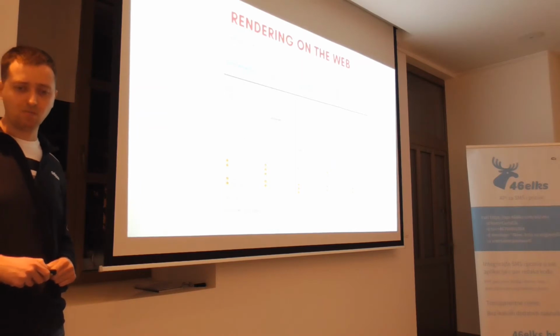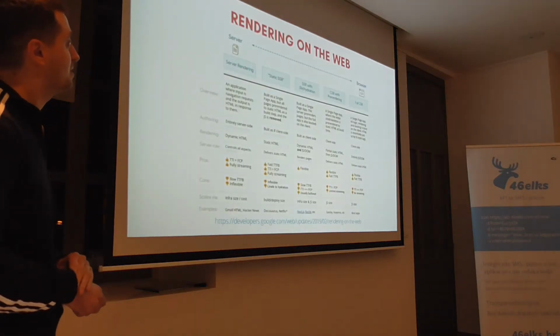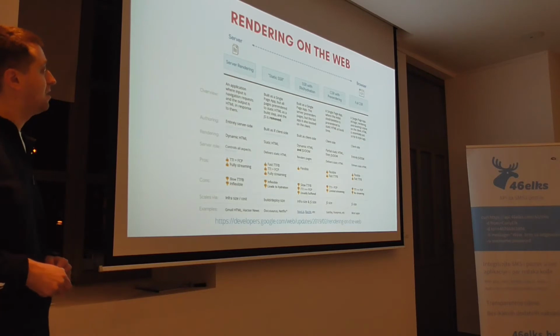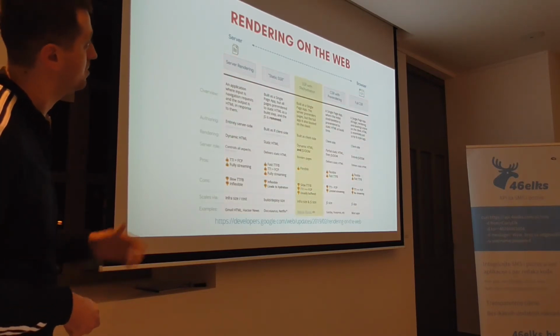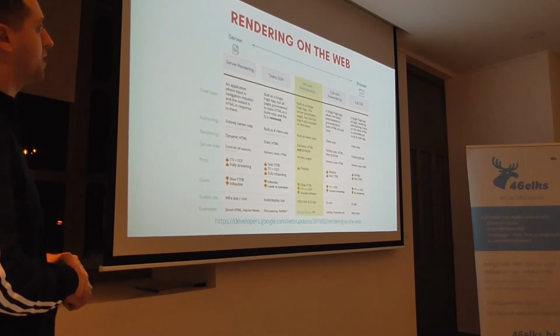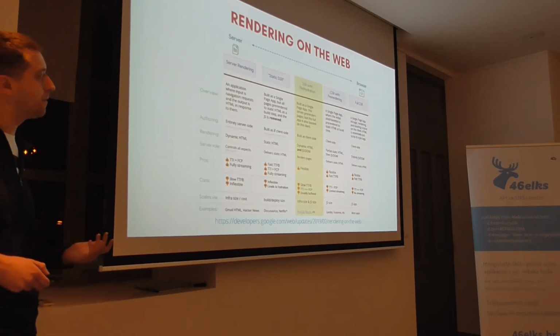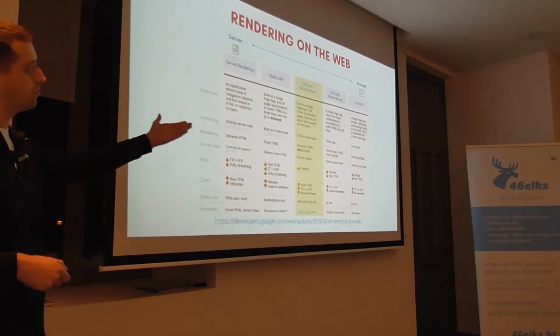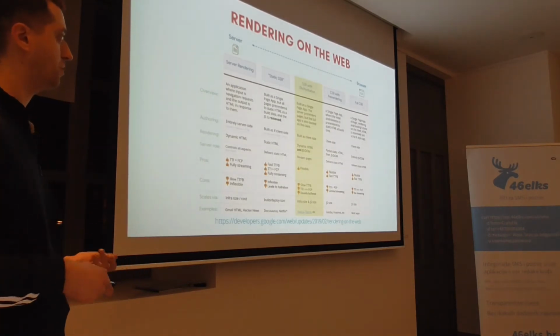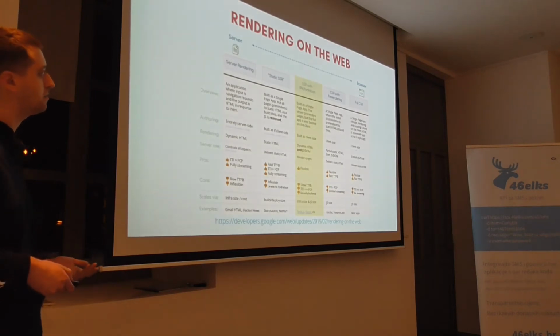All right, so back to the rendering on the web document. So what did we choose? Basically, first we had chosen SSR with rehydration, simply because the other approaches weren't flexible enough for us. As we said, the full CSR doesn't have SEO support, so that's immediately discarded.